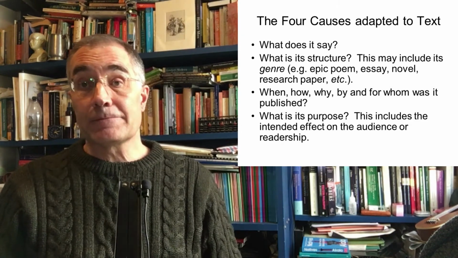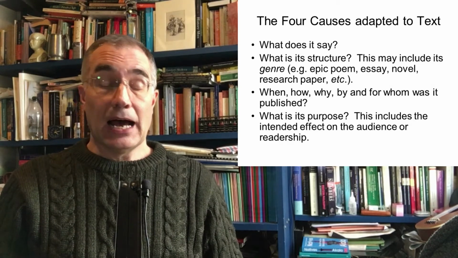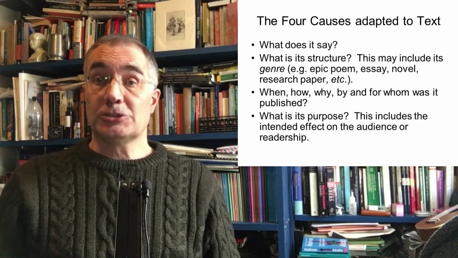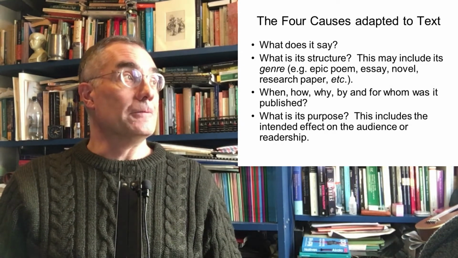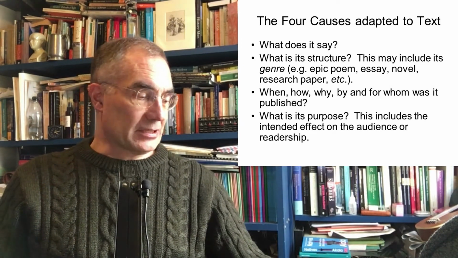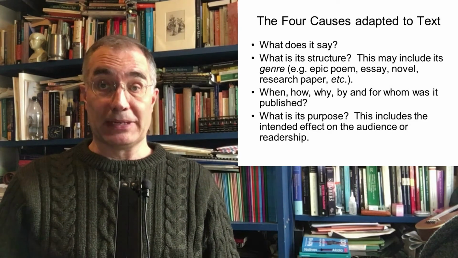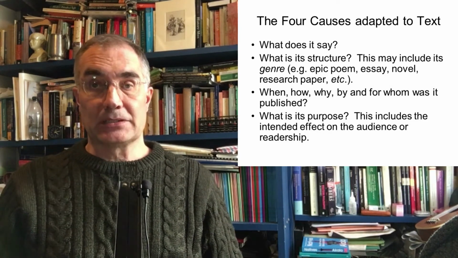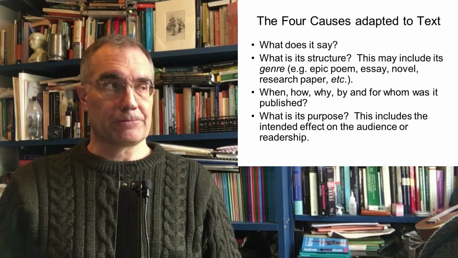And finally, the final cause is what larger purpose is it part of, right? So if it's a political pamphlet, you would then talk about the larger political effort or the larger political movement that it was a part of.